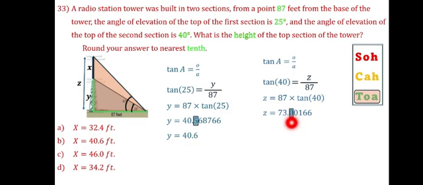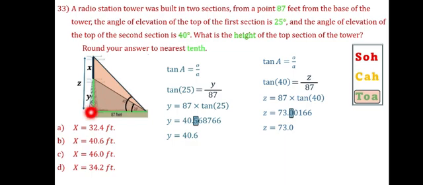So the tenth place remains the same and the rest of the places get dropped. So the z value is 73.0. Try to understand the meaning of z: 73.0 feet means the total height of the radio station, which includes section 1 and section 2.